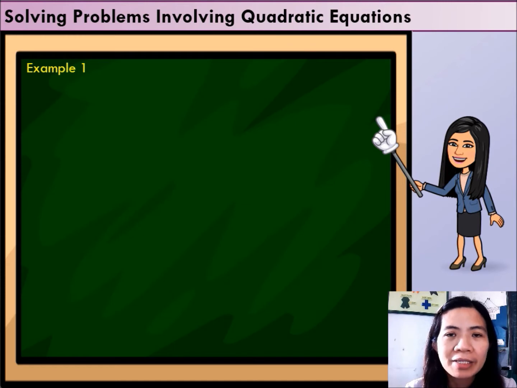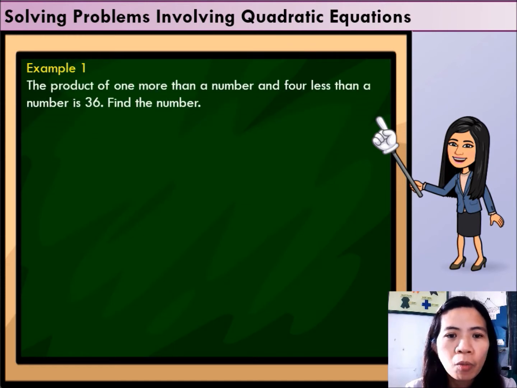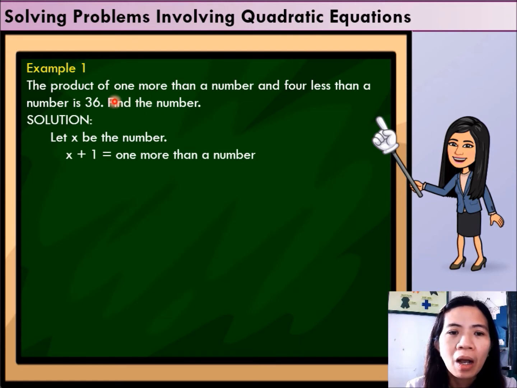Okay, let's have example number 1. The product of 1 more than a number and 4 less than a number is 36. Find the number. Okay, so we are going to use a variable to represent a number. Okay, let x be the number. Then it says here, the product of 1 more than a number.